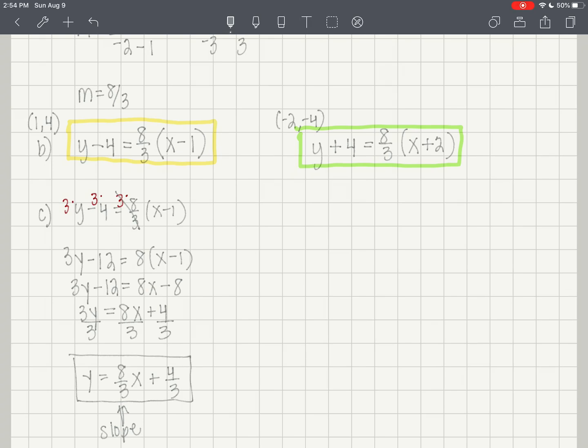Okay, let's see what we have over here. So I'm going to have y plus 4 equals 8/3 times x plus 2. I'm going to multiply each term by 3.